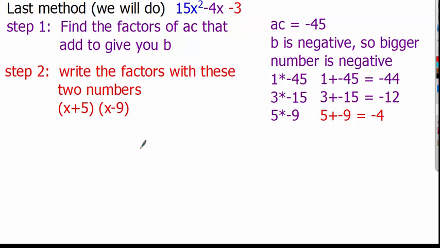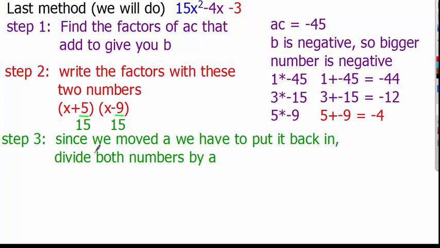Once we find that, we're going to write out the factors based on A being 1, which it's not. So we have x plus 5 and x minus 9. But we took A and moved it, so we have to move it back. And the way we move it back is we just divide both of our numbers by whatever A is.